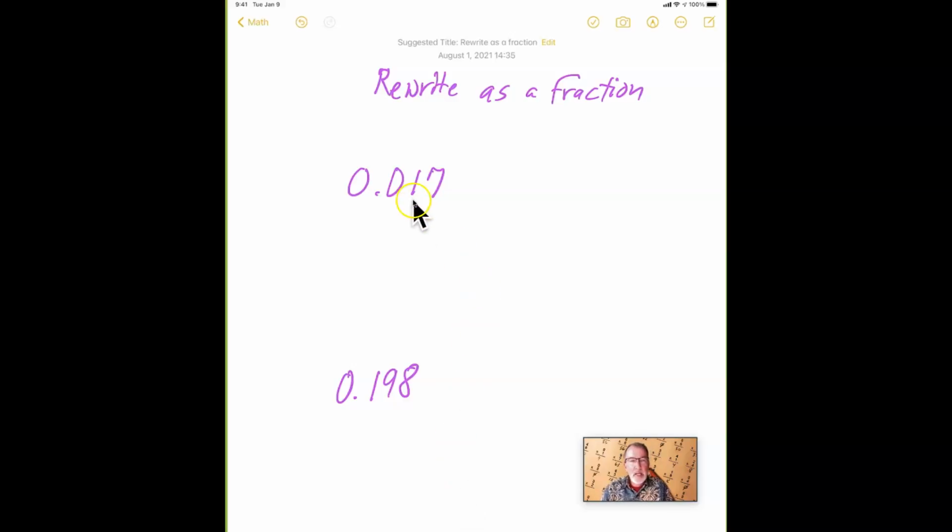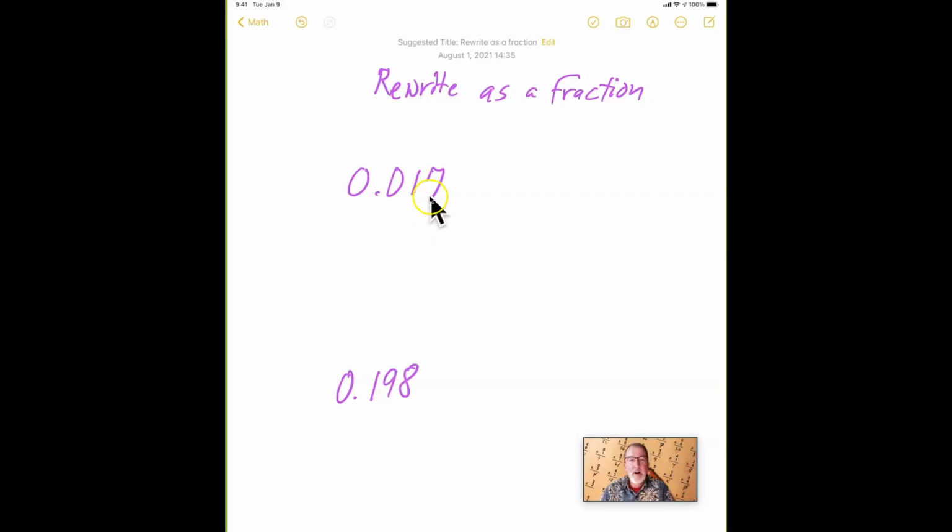All right, so when we want to convert a decimal to a fraction, it's very useful if we know how to read them. One way to read a decimal is just to read the numerals, 0.017. The other way is to read this as a regular number up to the decimal point, then read the decimal point, then read the digits after it as a regular number, and use the name of the last column as your units.